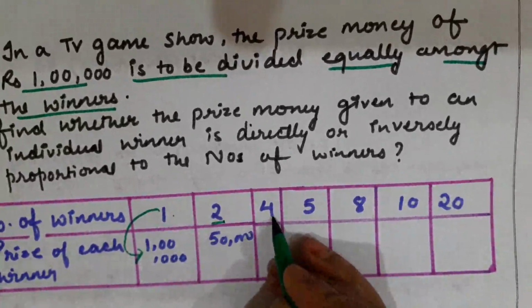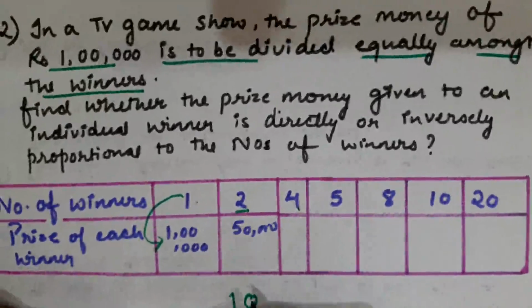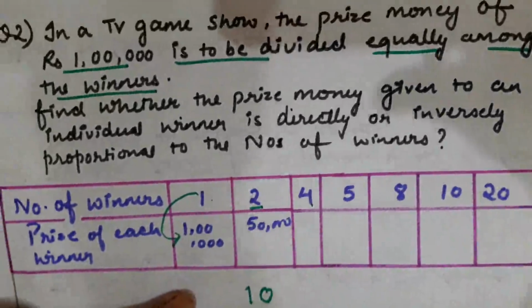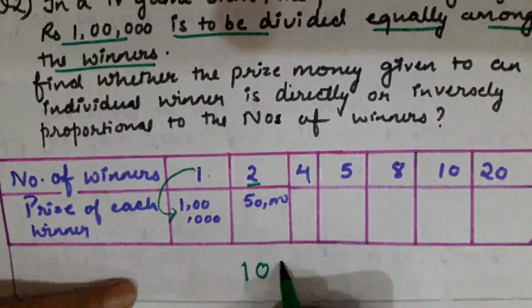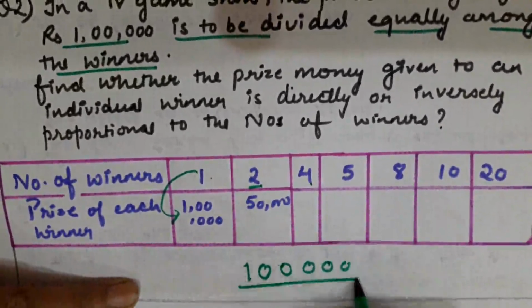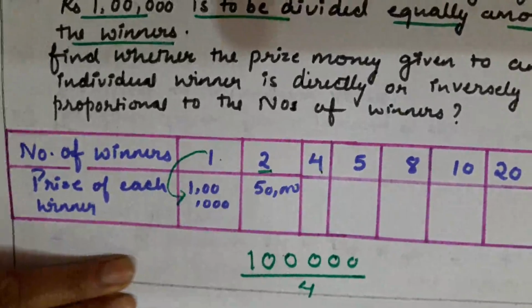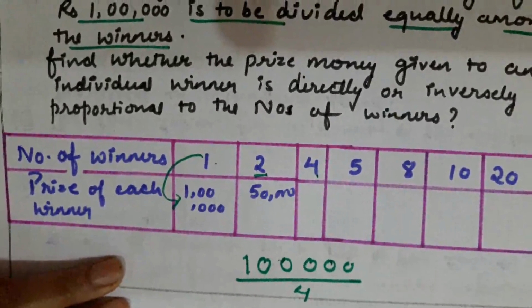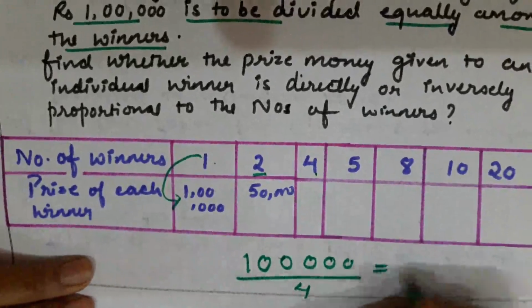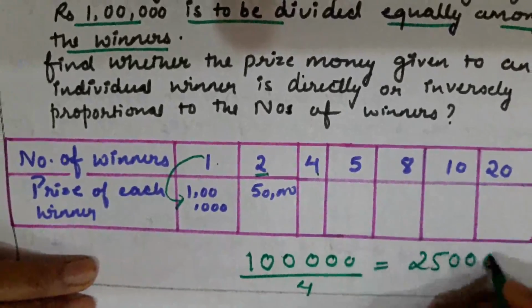If 4 winners are there, this 1 lakh is going to be divided among the 4 winners. It means they are going to have 25,000 each.